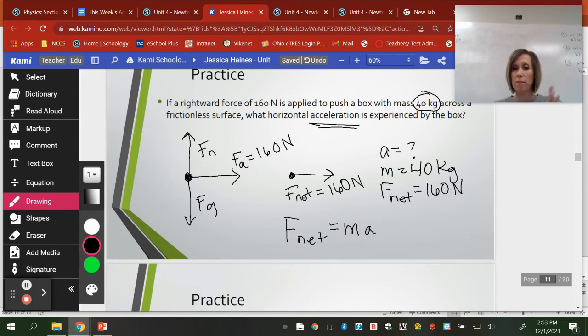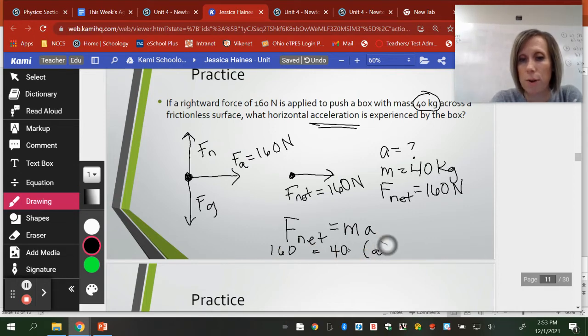So right now we have everything we need. We're going to plug in our 160, plug in our mass of 40, and solve for a. This should be pretty easy; you can do this without much help. Your acceleration of the object is 4 meters per second squared.